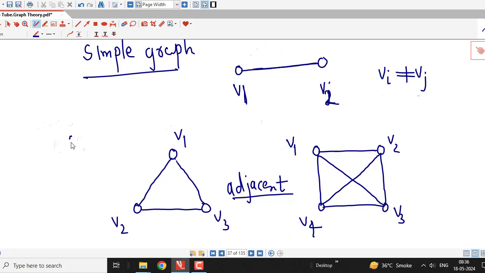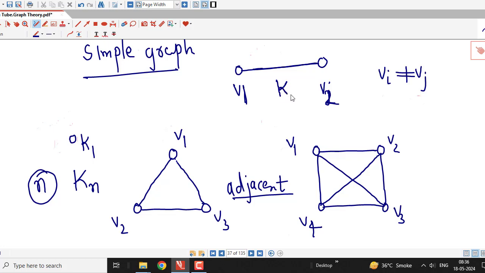If we have only one vertex, it is called the complete graph on one vertex. In general, if we have n vertices, then a complete graph on n vertices is denoted by K suffix n. So if I have only one vertex, I will denote this graph by K1.